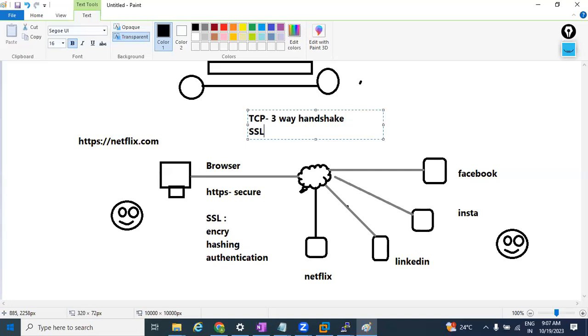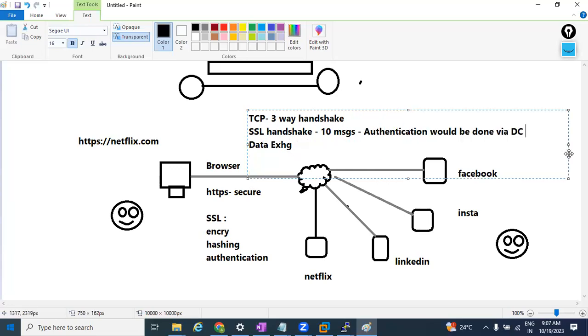After that, there will be the SSL handshake, 10 messages. And after that, there would be data exchange. During this SSL handshake, your authentication would be done via DC, digital certificate.